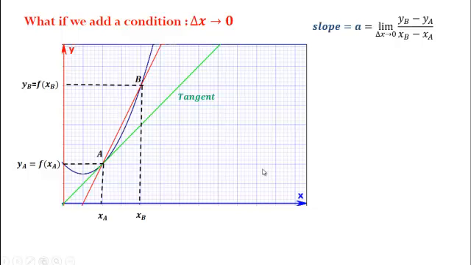So what will happen to the slope? It will be equal to limit when delta x tends to 0 of delta y over delta x, and this is what you call dy over dx. It's df over dx. It's the same as dy over dx. So this means we'll have f prime. So we notice that when we included this condition, the slope of the intersecting line became a derivative. So the slope equals a derivative.